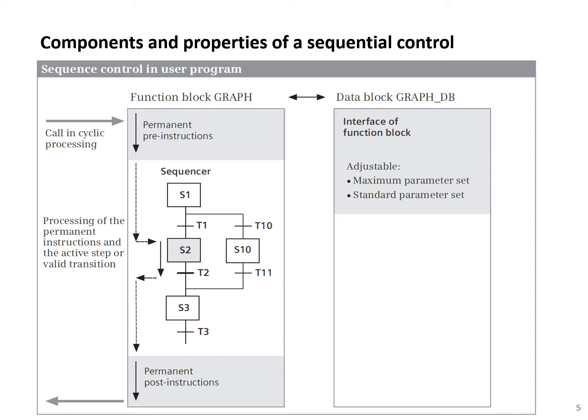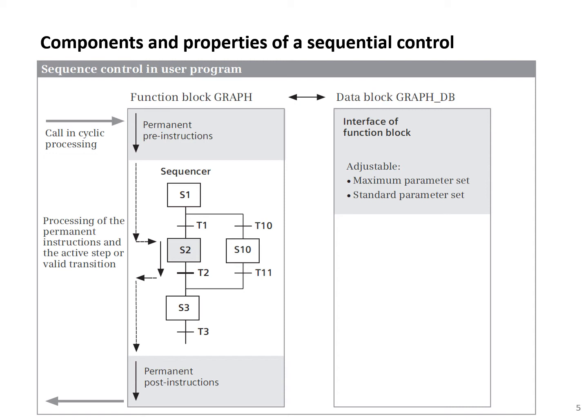Components and properties of a sequential control. And here is one function block graph. So we need to create a function block, and inside the function block we will have the graph programming or sequencer. In the graph we have a permanent pre-instruction and a permanent post-instruction.